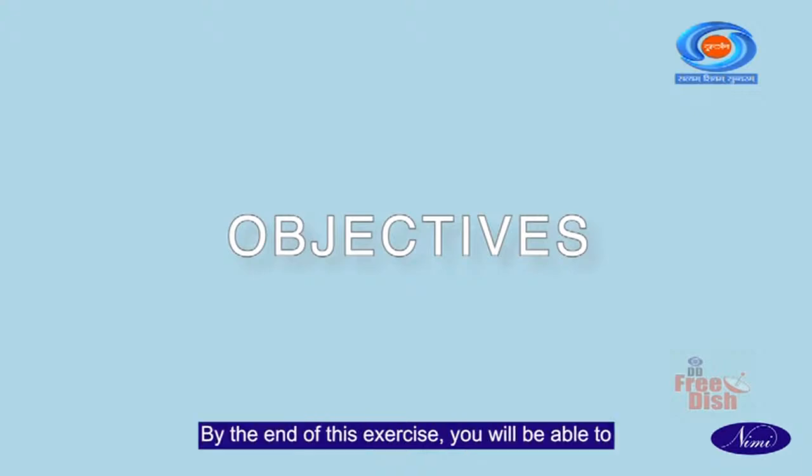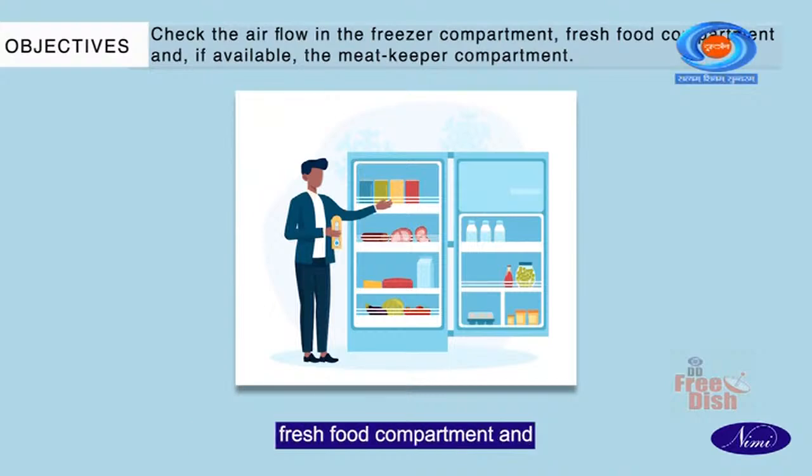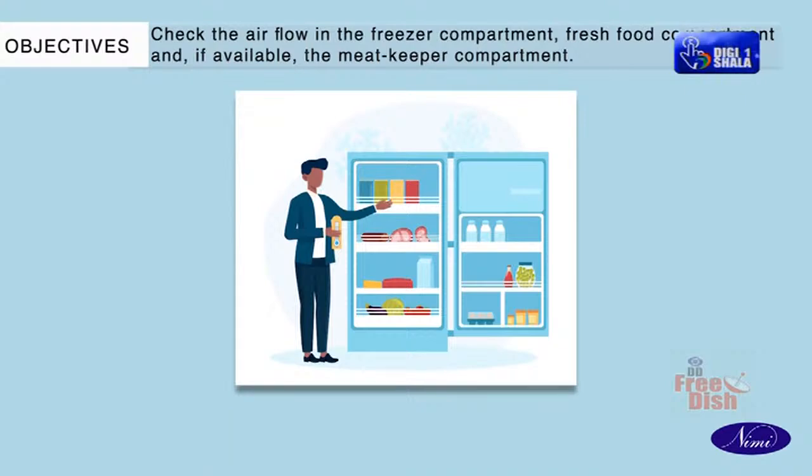Objectives. By the end of this exercise, you will be able to check the airflow in the freezer compartment, fresh food compartment, and, if available, the meat keeper compartment.